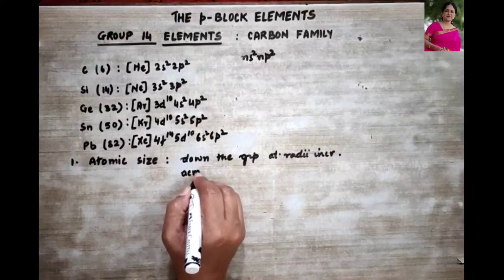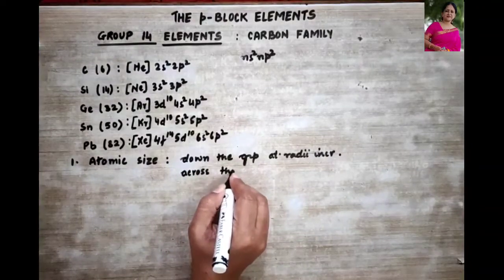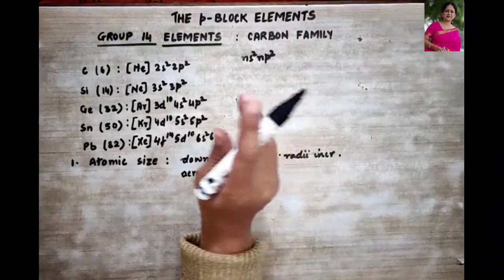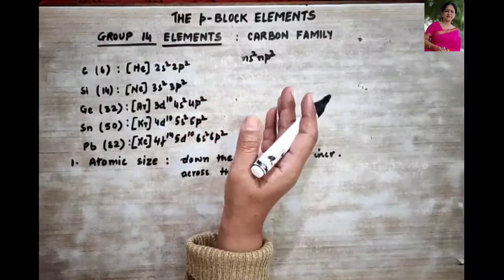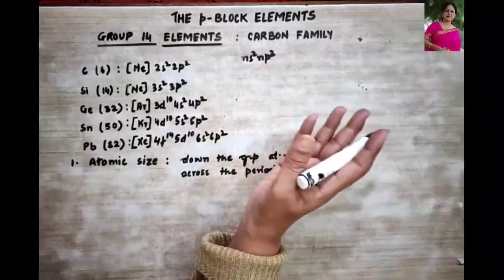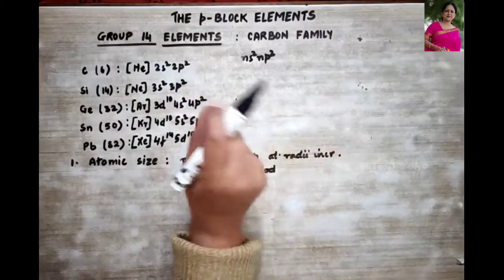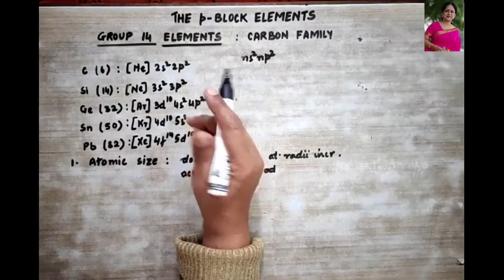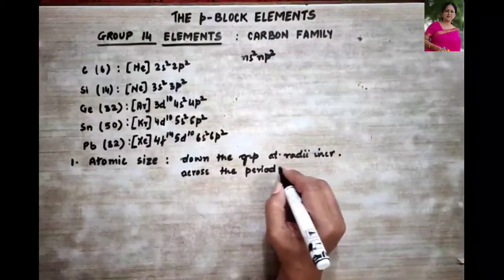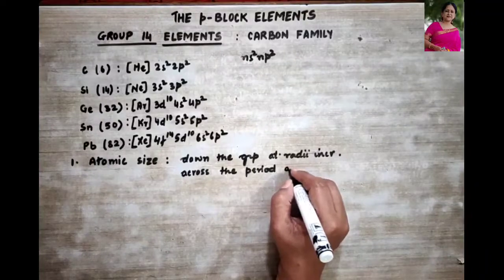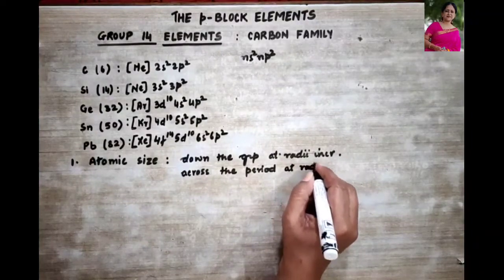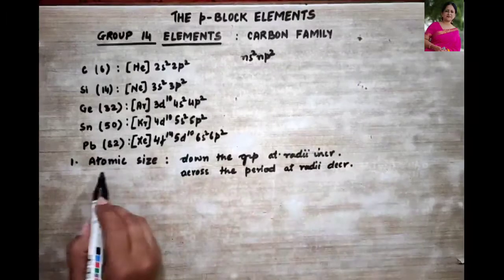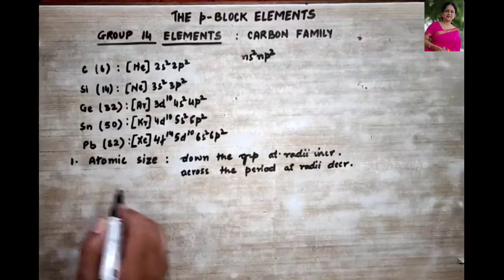Across the period, what happens? Across the period, since the number of shells remains the same, but the nuclear charge is increasing, the nuclear pull increases, and therefore atomic size decreases, isn't it? Atomic radii decreases. This point is clear, atomic size is clear.